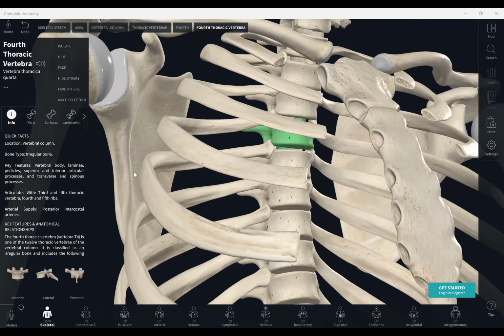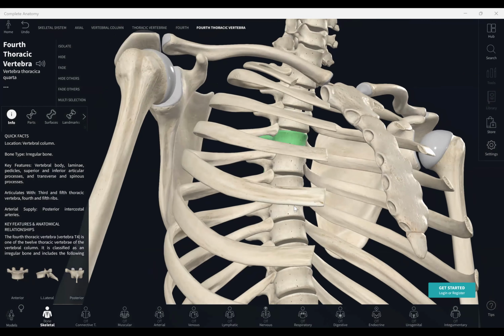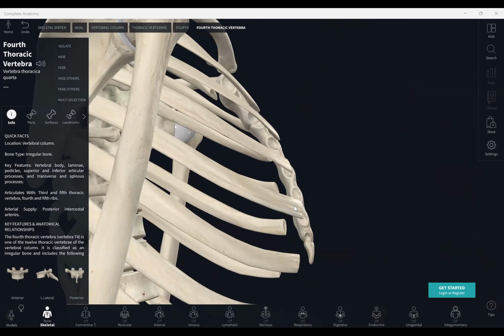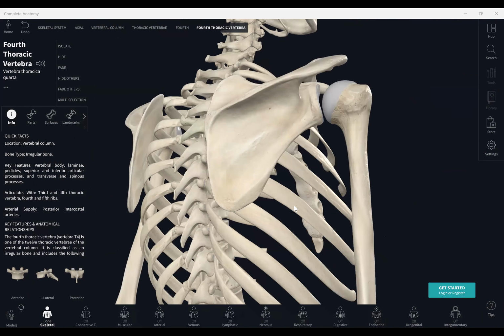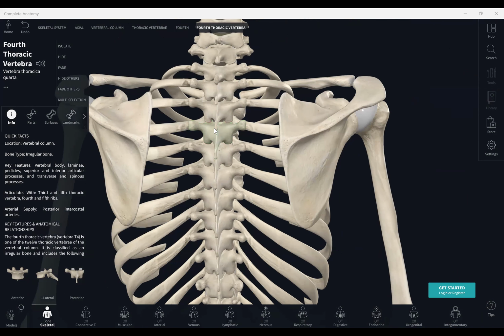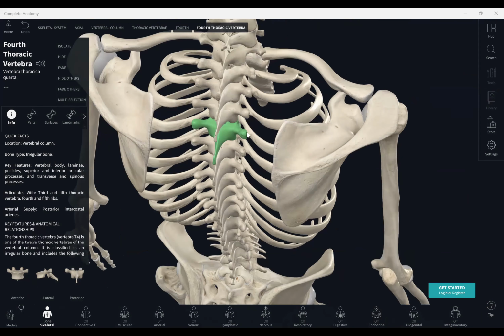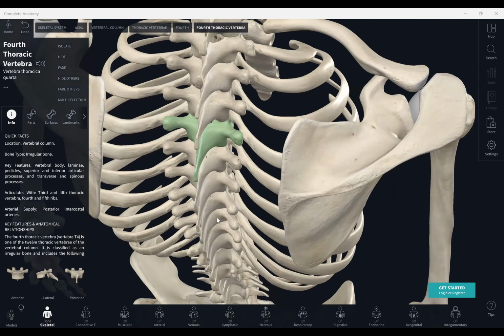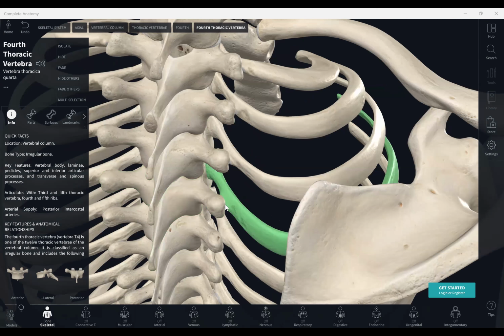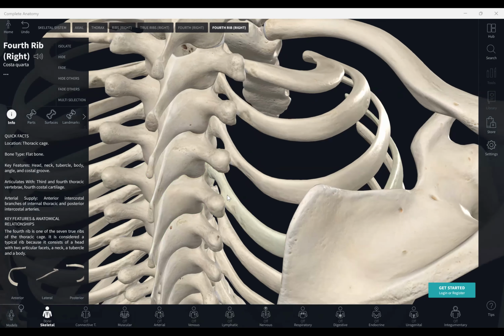So here's the sternum. You see the sternum, you see the ribs. Okay, good. I'm going to pick this thoracic bone. This happens to be the fourth thoracic bone. I don't want you to count. Now, do you see the rib that is connected to it right here? I'll zoom in. This is the tubercle of the rib.